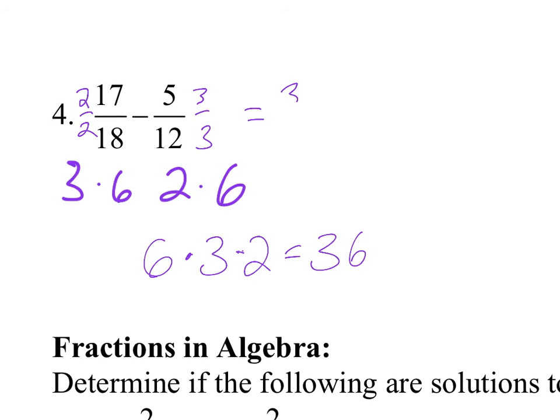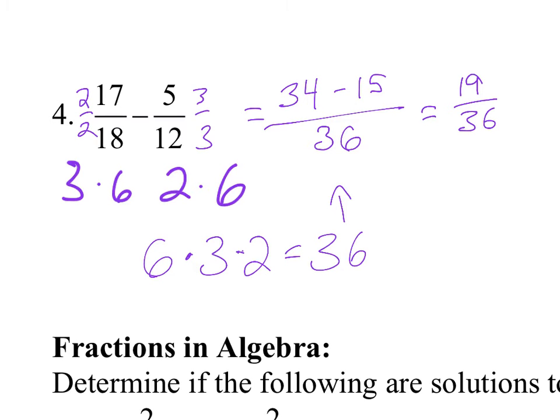So I have 34, 2 times 17, minus 15, 5 times 3, over this common denominator of 36. 34 minus 15 is 19. And there we go.